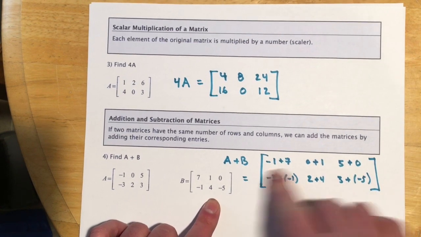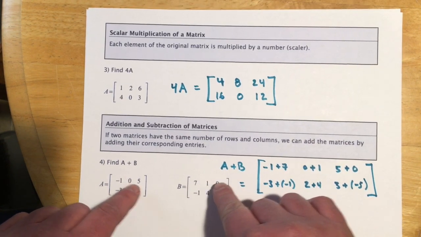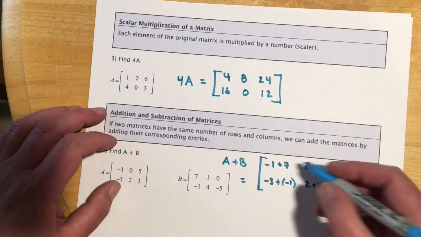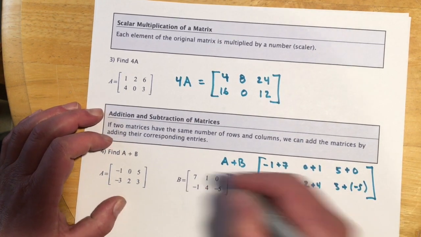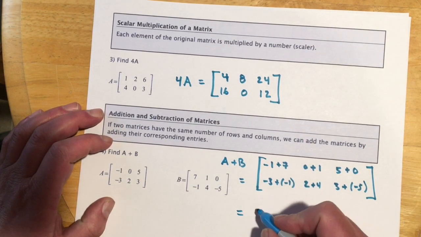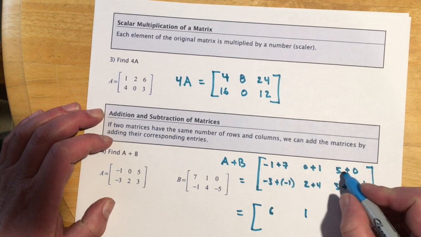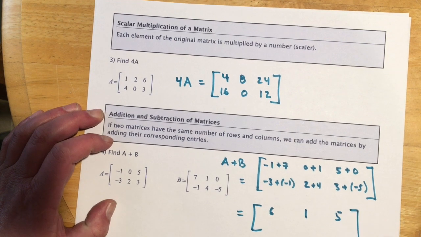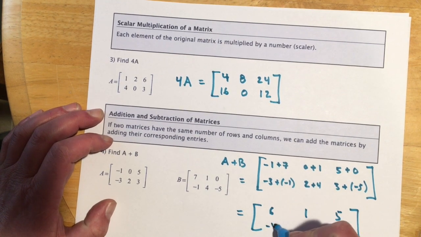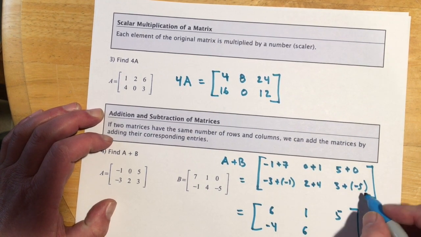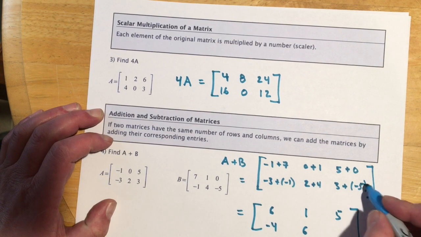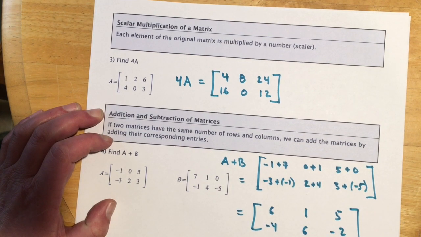I just want to show on one of them, I'm just adding each of these corresponding elements. And then we just total that up, which again, -1 plus 7 would make 6. 0 and 1 makes 1, 5 and 0 makes 5, -4, 6, and if I could read my writing, that's a 5, so that's a -2.